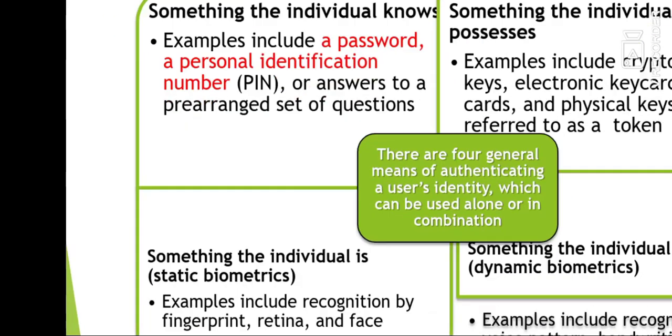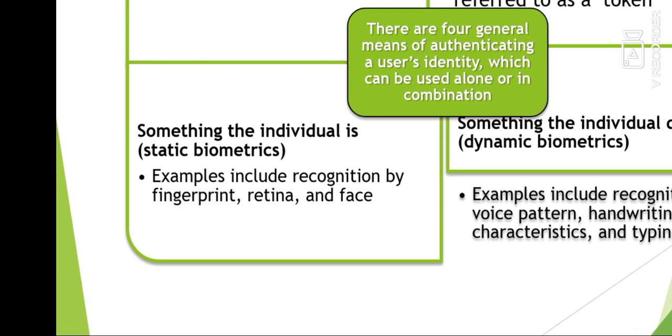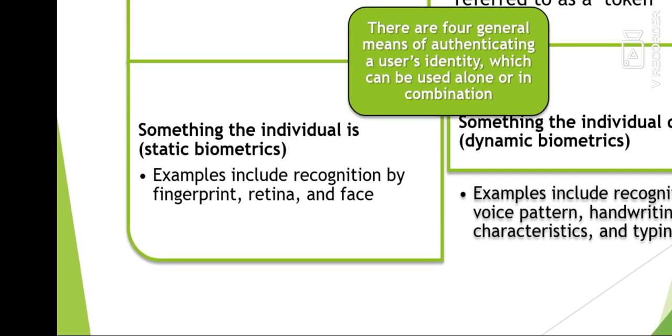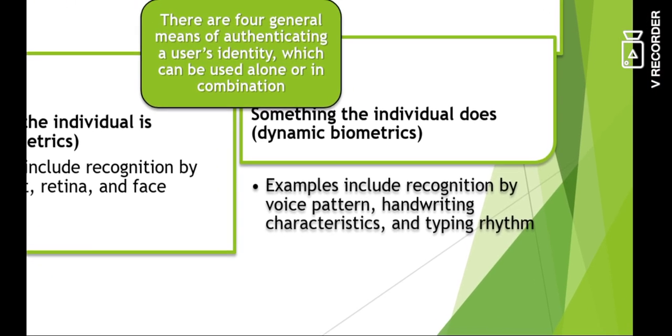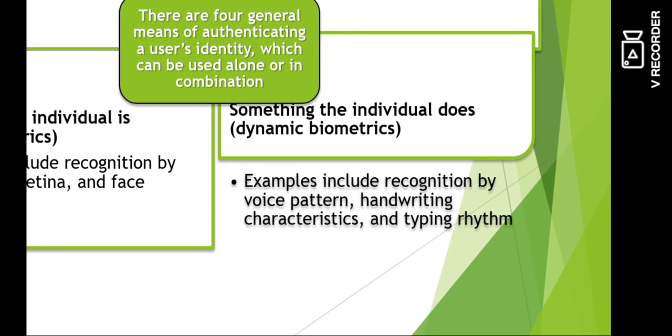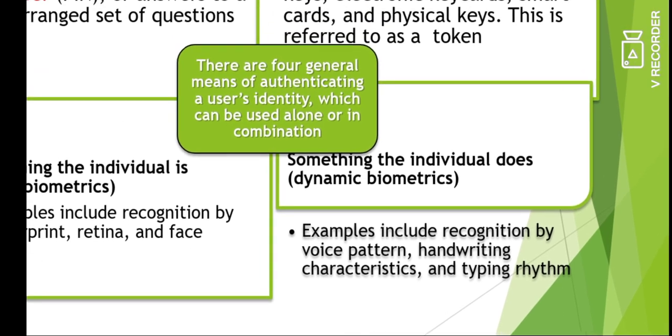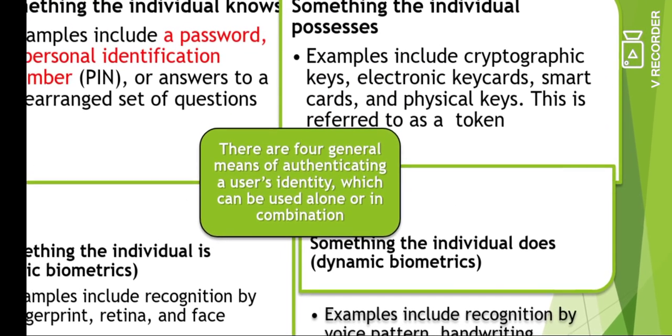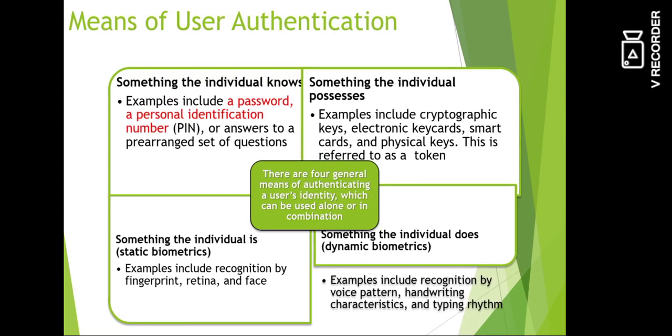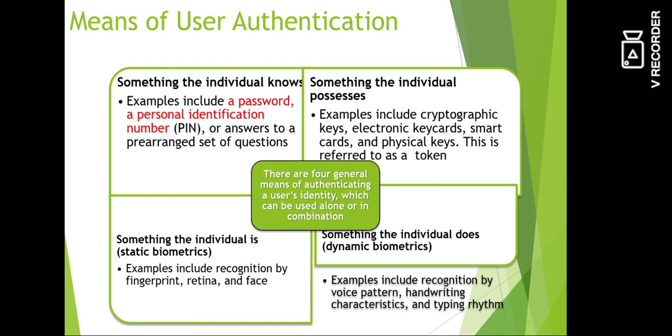The third one is something the individual is. We can use the user's fingerprint, retina, or face to perform the authentication. The fourth one is something the individual does: the voice pattern, handwriting characteristics, or typing rhythm, etc. We may use these types separately, or combine one or two authentication methods.